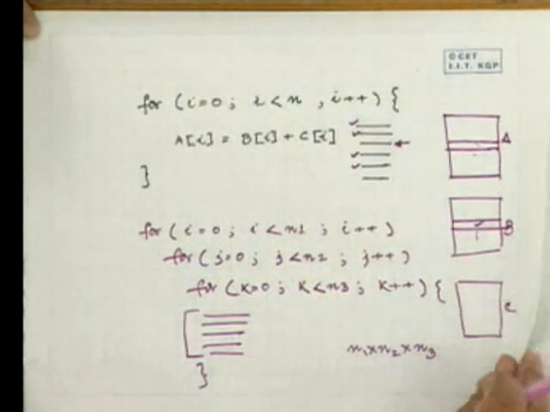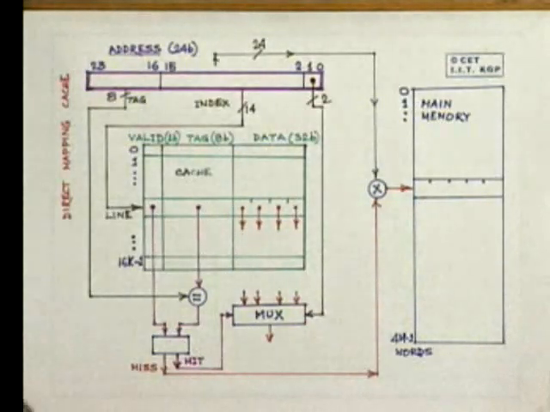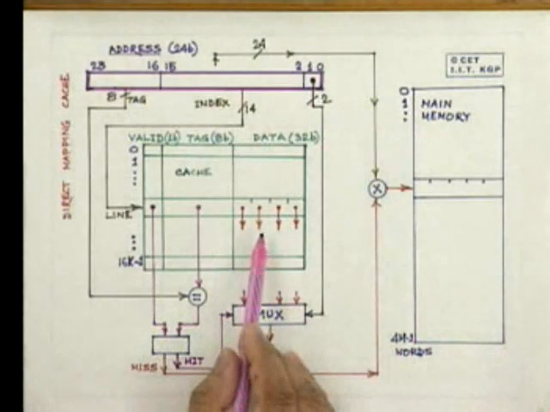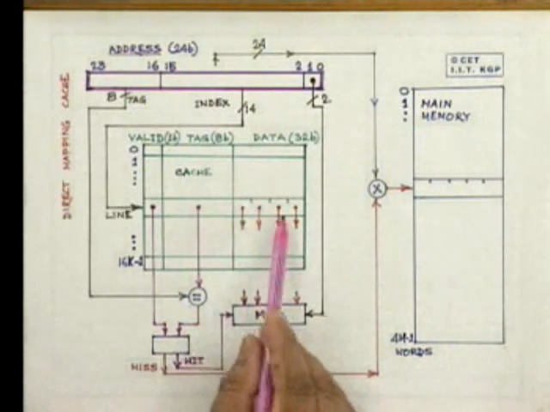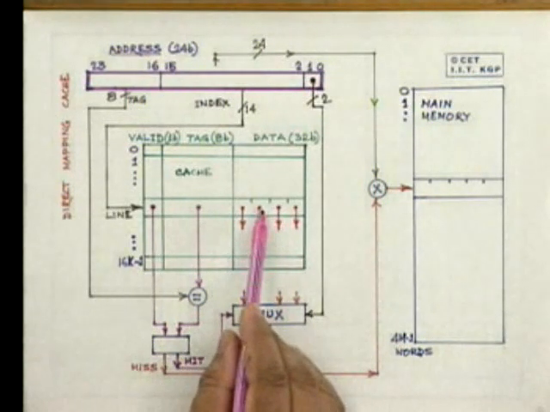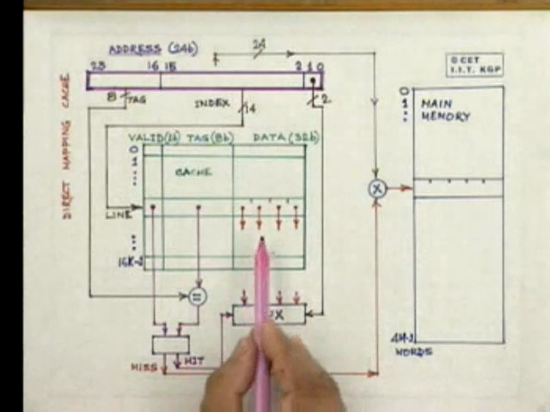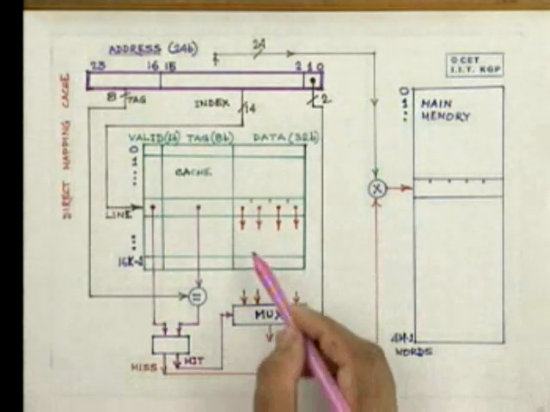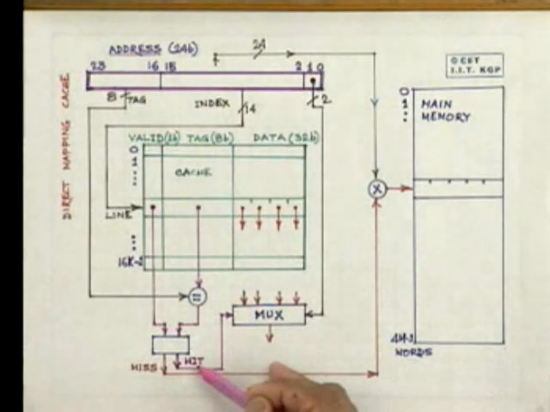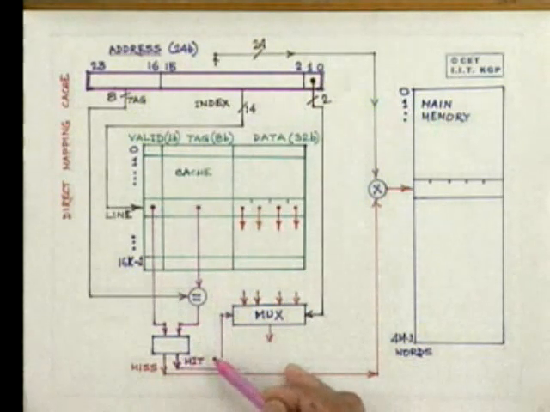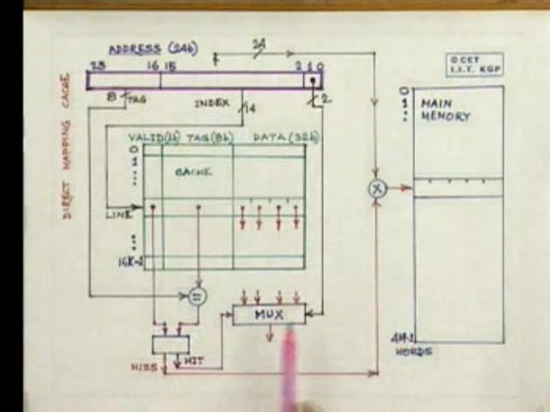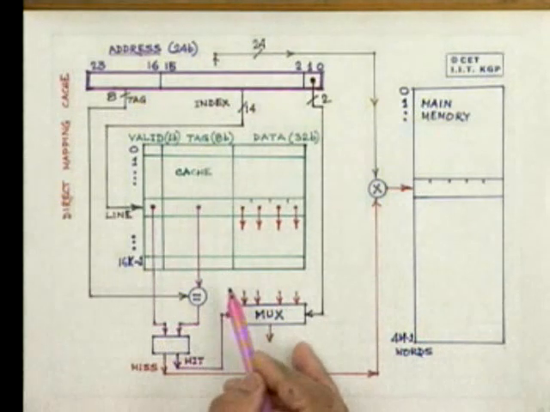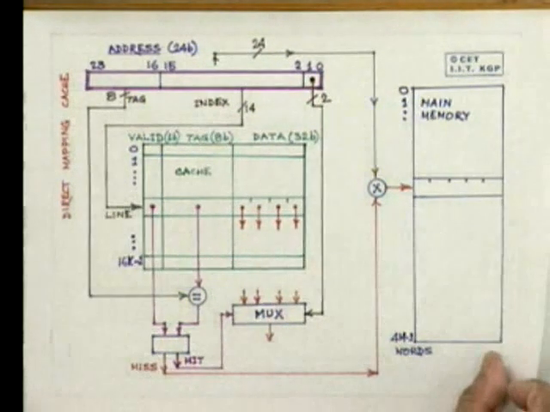So I am saying that information, whether instructions or data, is available mostly in the cache, and the chances that the hit percentage is high will be true because of these two localities.